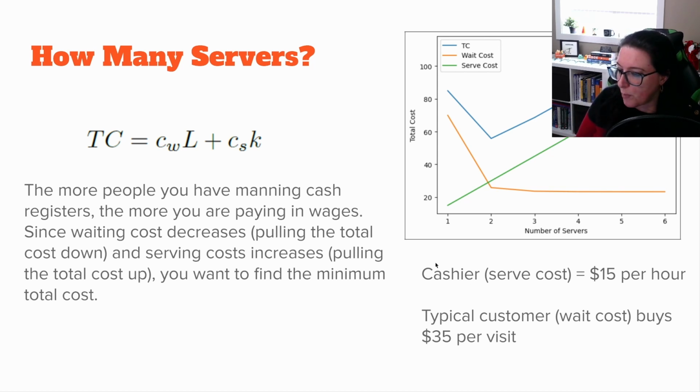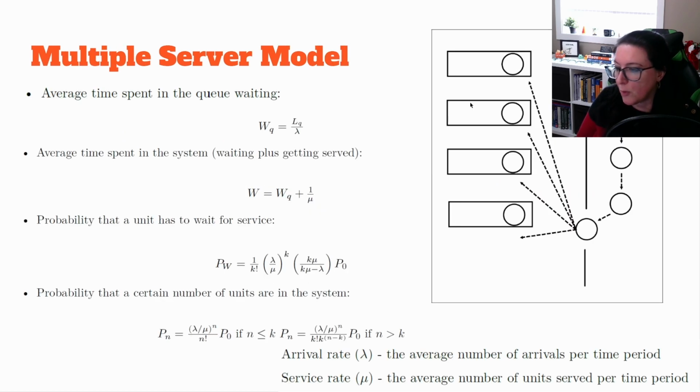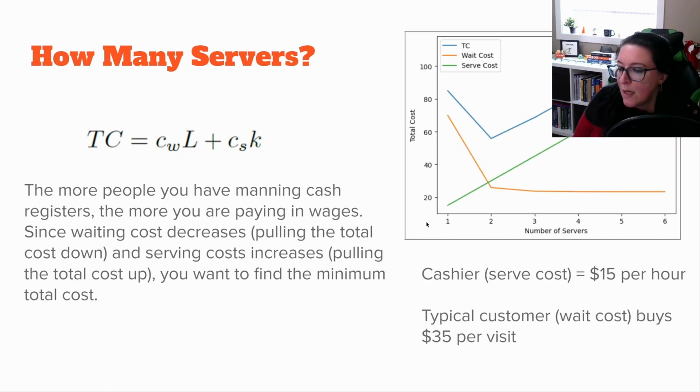And that's the second part here, right? The second part is the server cost, that's the CS, and K is the number of servers. So in our multi-server model, how many of these do we have? Now we trade that against the waiting cost.